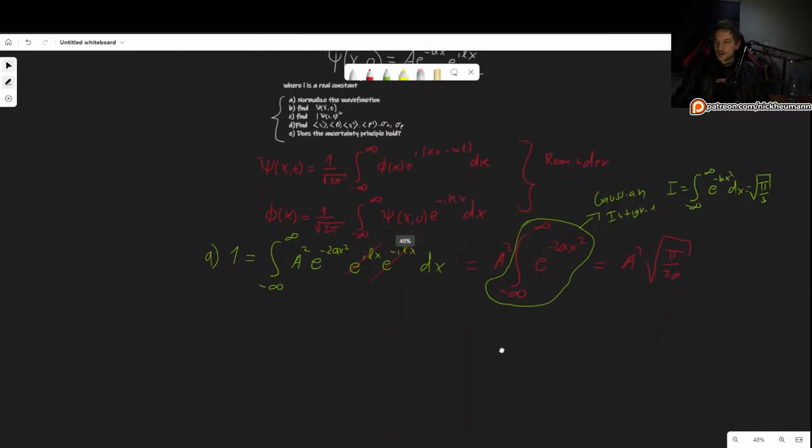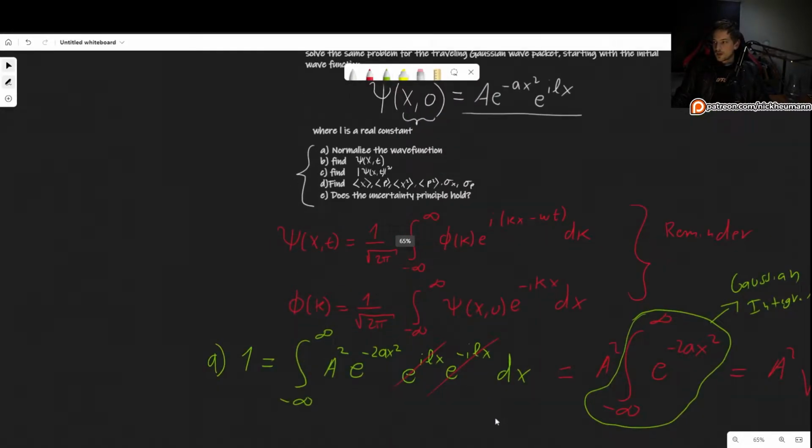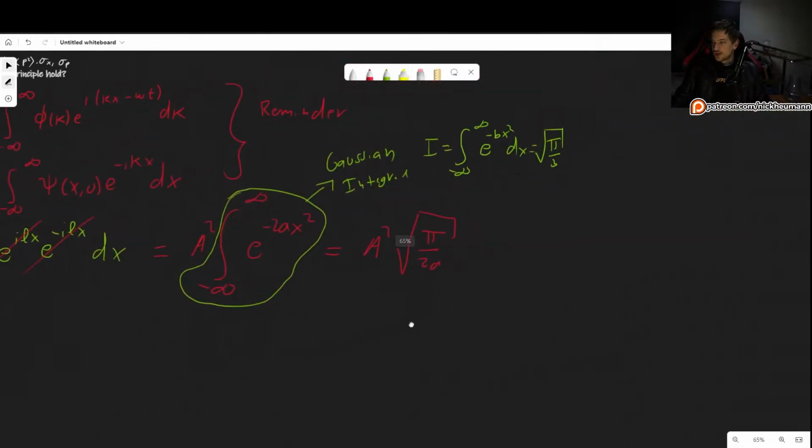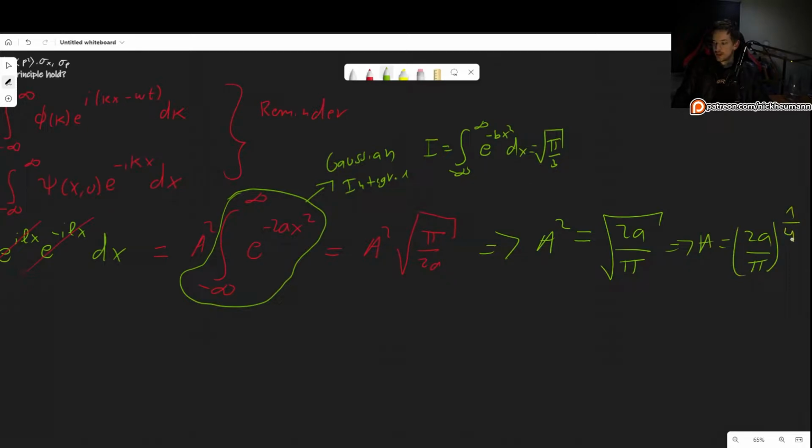Let's continue then. With this, we can find A squared quite easily. We simply multiply, so A squared is going to be the square root of 2a over pi, and thus A is 2a over pi to the 1/4 power. So there we go, that is part A.